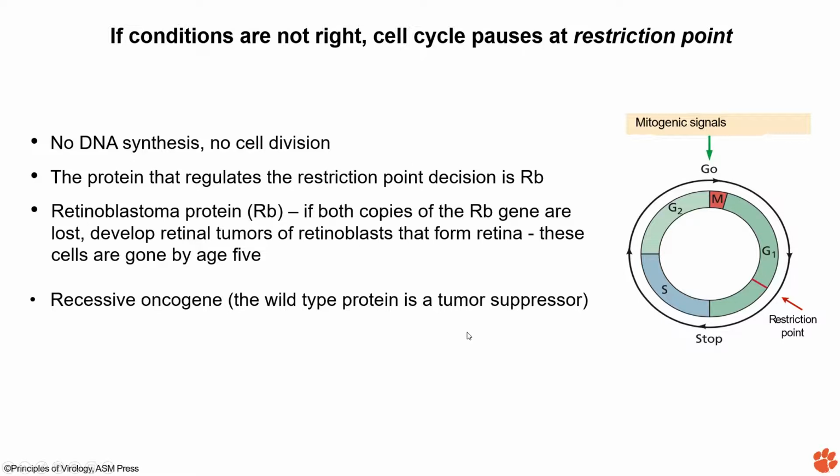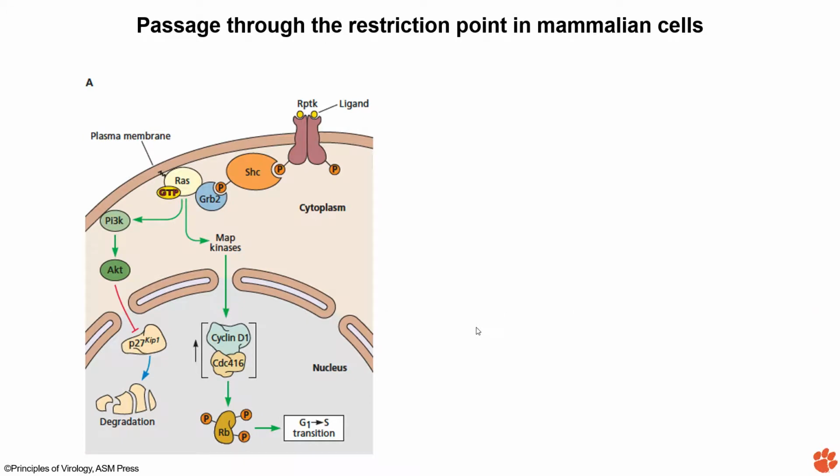If you somehow inactivate the tumor suppressor gene, it will kick the cell cycle into division, and that is basically the mechanism of the tumor suppressor gene. Produced all the time, you're turning it off, exactly opposite to the oncogenes. So here is a process of how it happens.